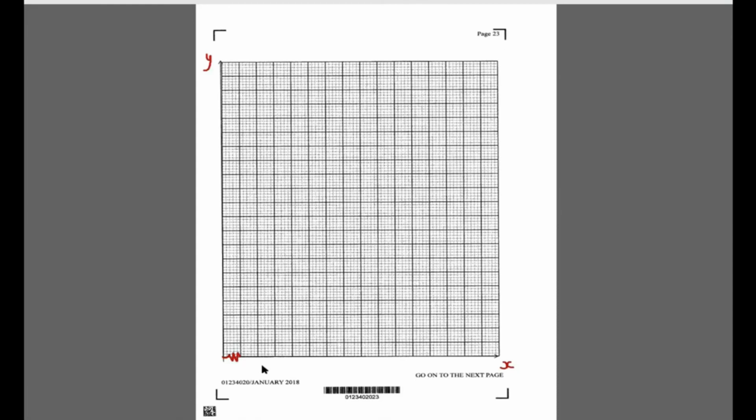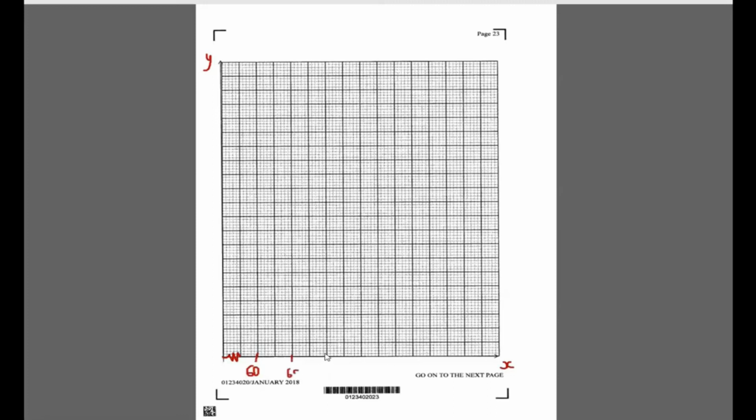There's a reason why I break the x-axis, because I'm going to start from 60. I want my graph to start from 60, and 2 centimeters represent 5 units. So this is 65.